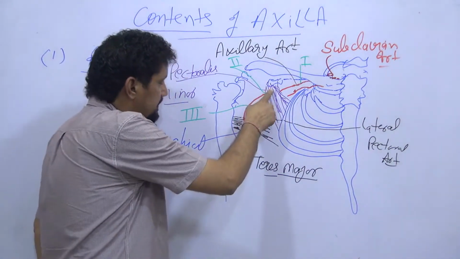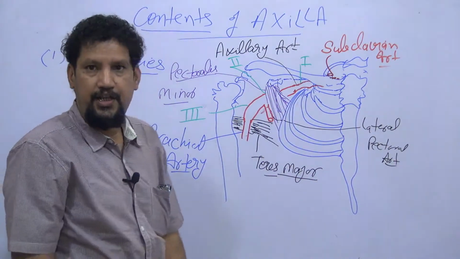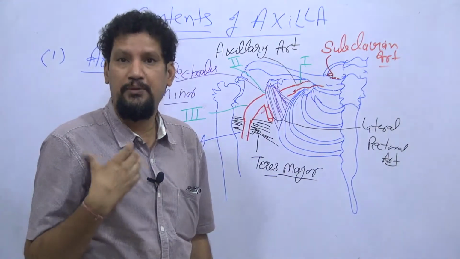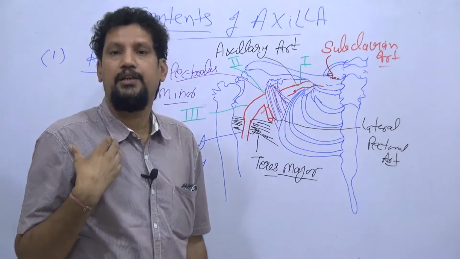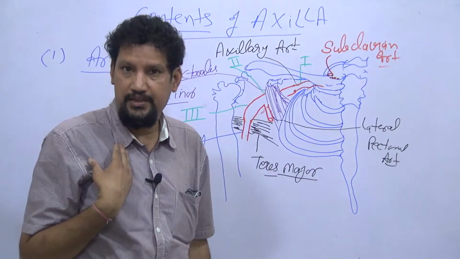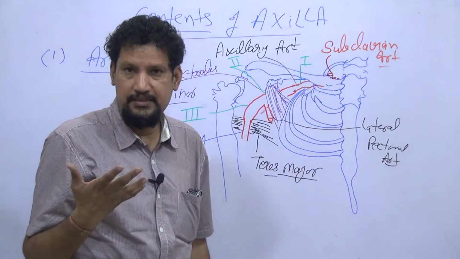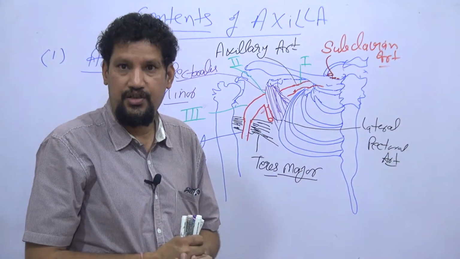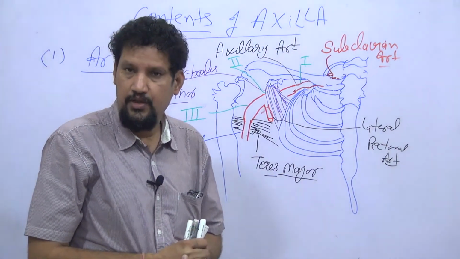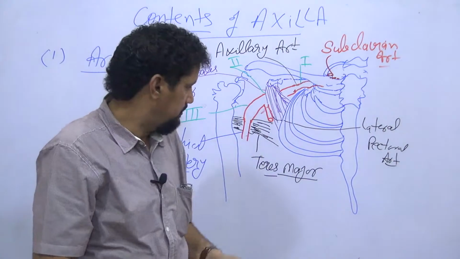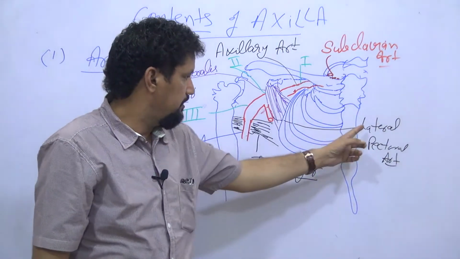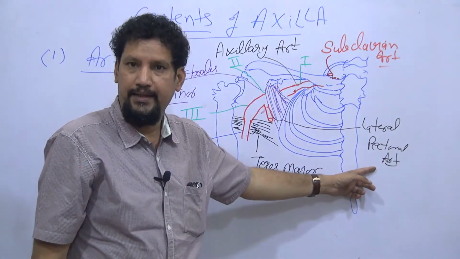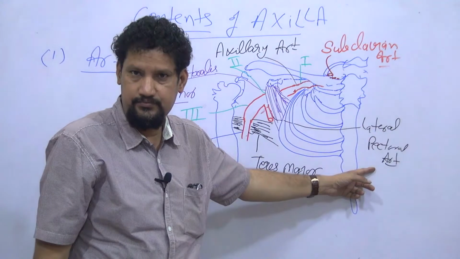It is piercing the clavipectoral fascia and appearing superficial to the anterior surface of the axilla, and it is having four branches. I will not go in detail to this thoracoacromial trunk or artery, but during dissection this branch, the lateral pectoral artery, can be seen very easily and clearly.